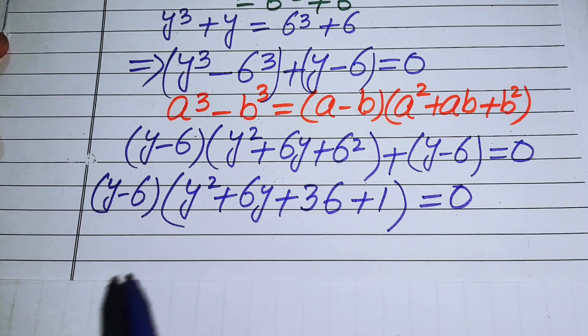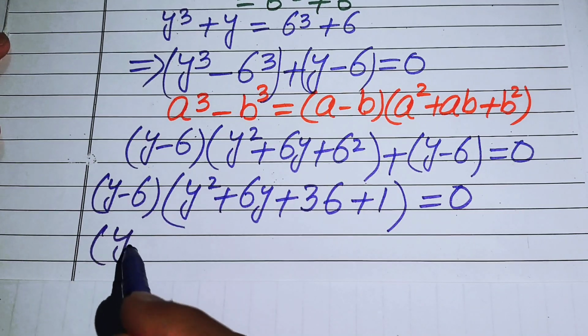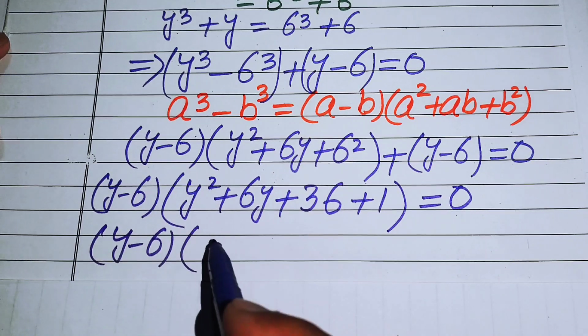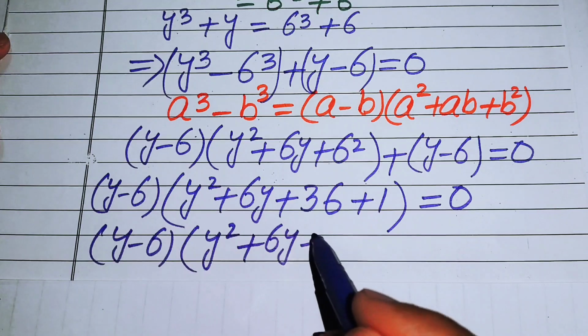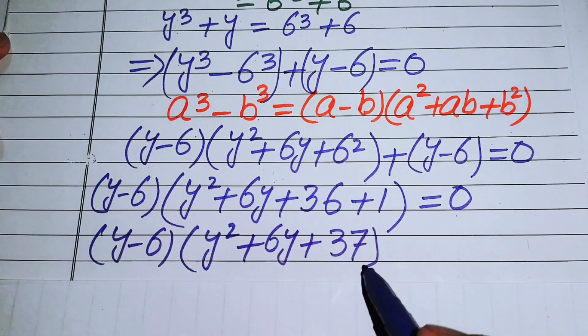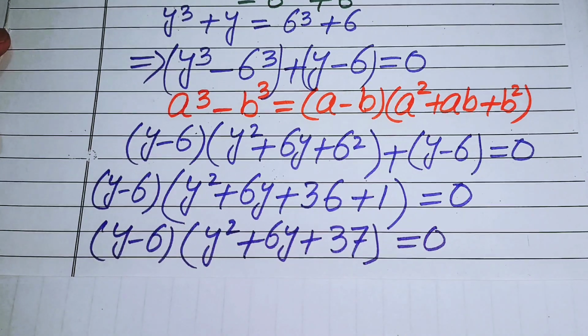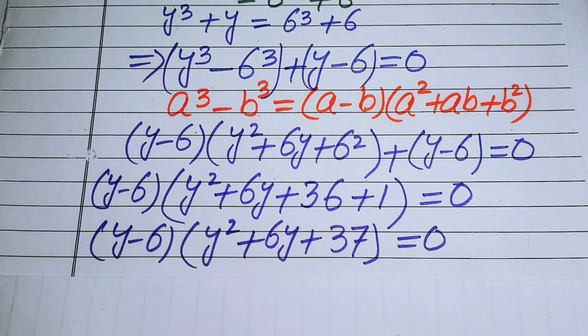So now we will do a little simplification here, and we get (y minus 6) times (y squared plus 6y plus 37), and this whole equation equals 0.